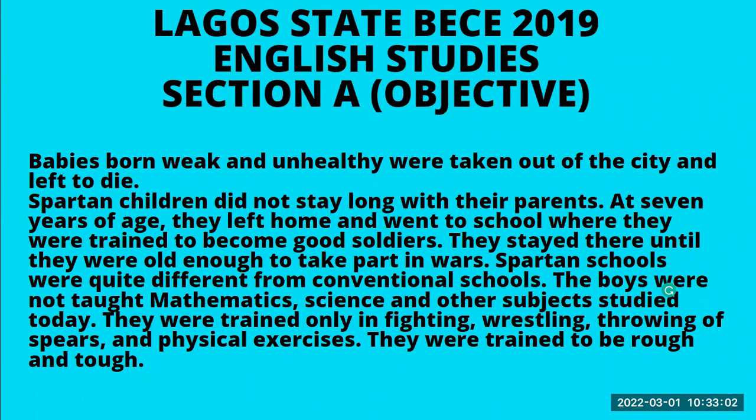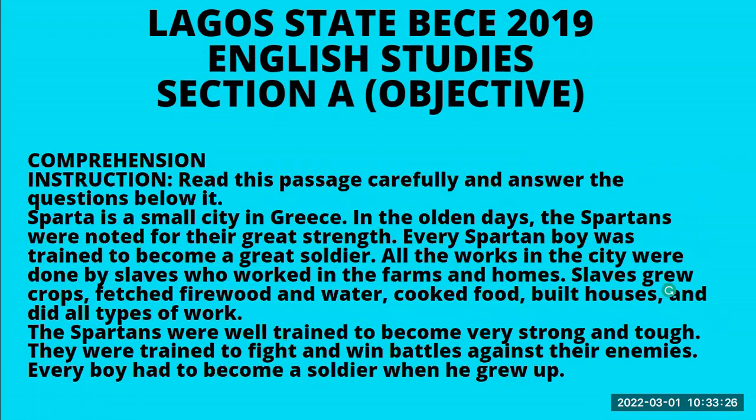Of course, you know that at the junior school certificate level, especially in the Lagos State Basic Education Certificate Examination, comprehension questions are part of the objective test questions. And so we want to look at it. Comprehension. The instruction is as follows: Read this passage carefully and answer the questions below it.